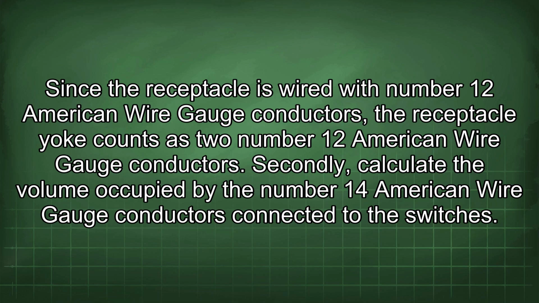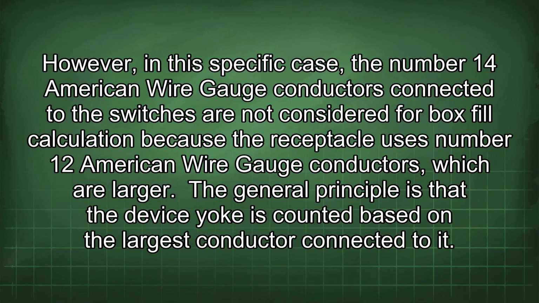Secondly, calculate the volume occupied by the number 14 American wire gauge conductors connected to the switches. However, in this specific case, the number 14 American wire gauge conductors connected to the switches are not considered for box fill calculation because the receptacle uses number 12 American wire gauge conductors, which are larger.